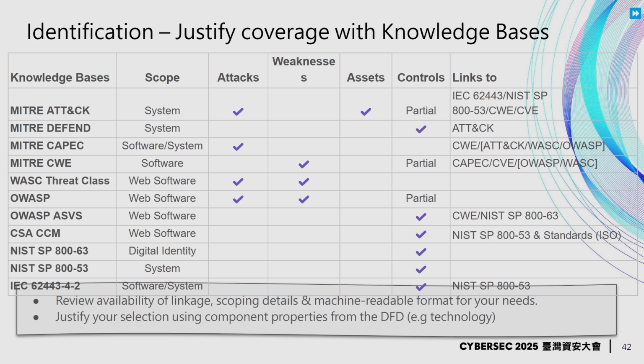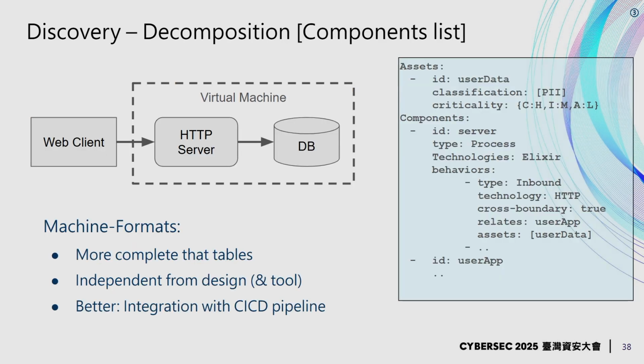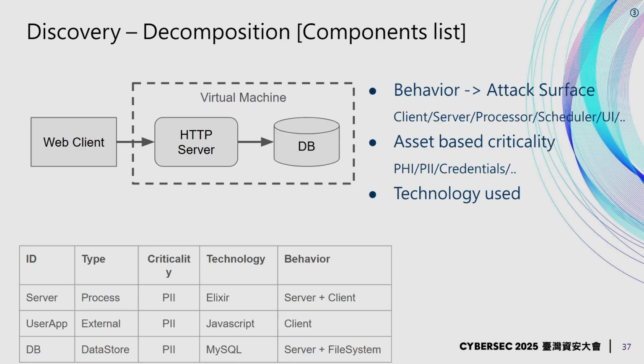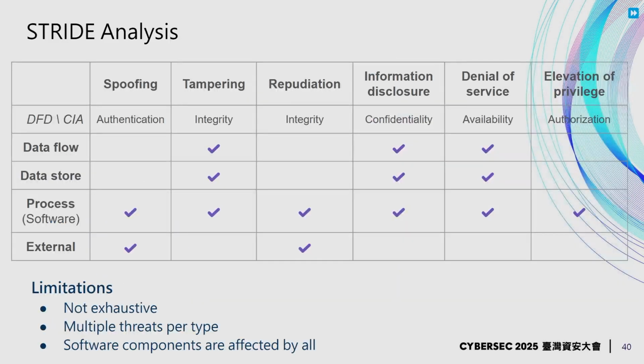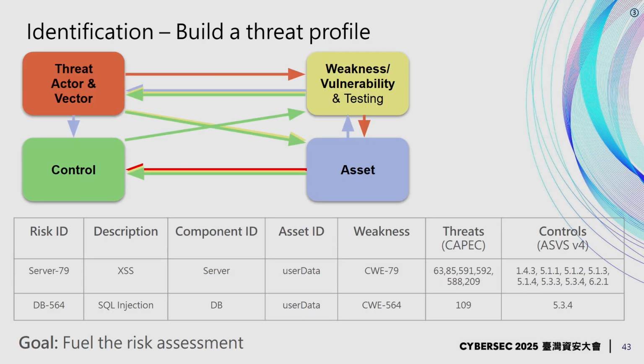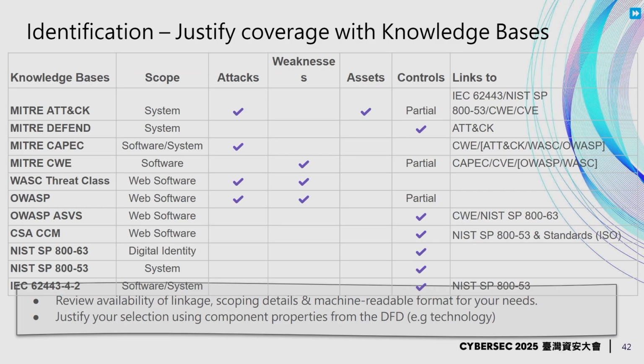Right, so making this selection is quite important, and that's why you need to have the previous list that details the behavior, characteristics and attributes of your components. So you can justify the selection of your items through those knowledge base lists. And not all those lists have the same level of information.